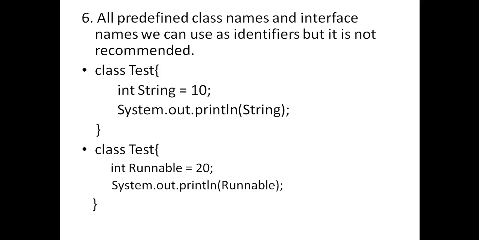All predefined class names and interface names can be used as identifiers. It means you can use any predefined class or interface as an identifier in Java. As you can see over here, we have declared String as a variable, an identifier for a variable name, which is holding a value 10.